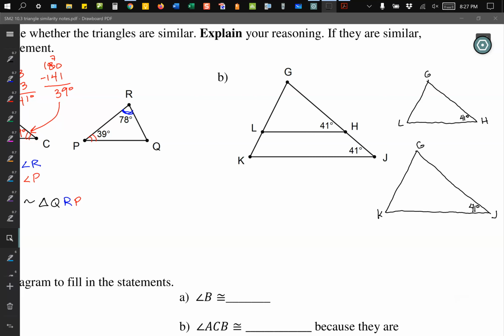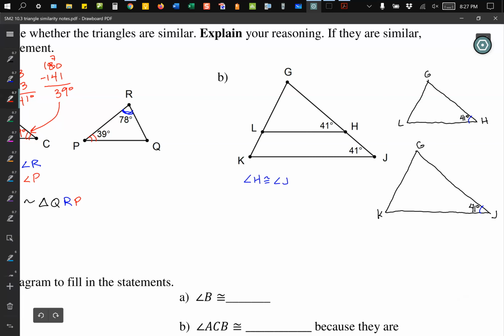I have triangle GLH and triangle GKJ. So both of them had a 41-degree angle, and I've labeled that. So I definitely know that I've got one set of congruent angles. I have angle H is congruent to angle J.